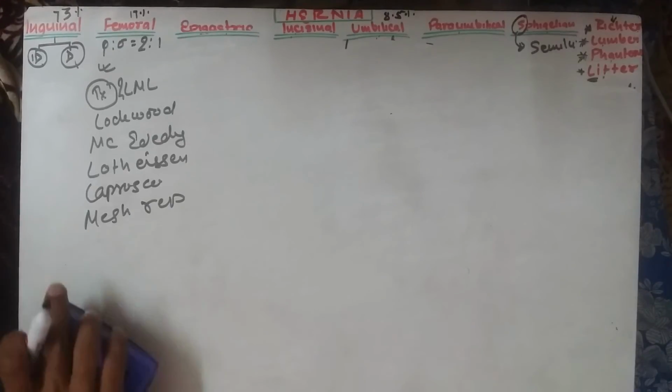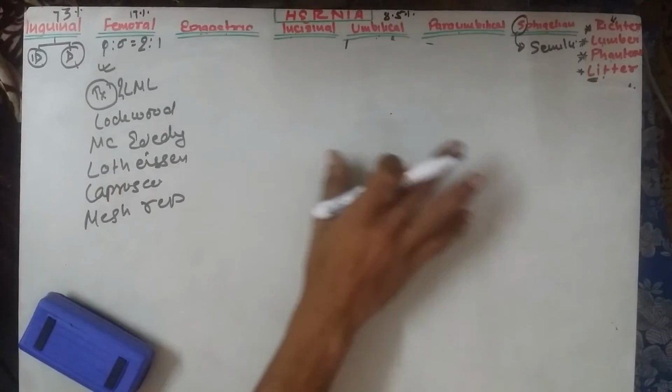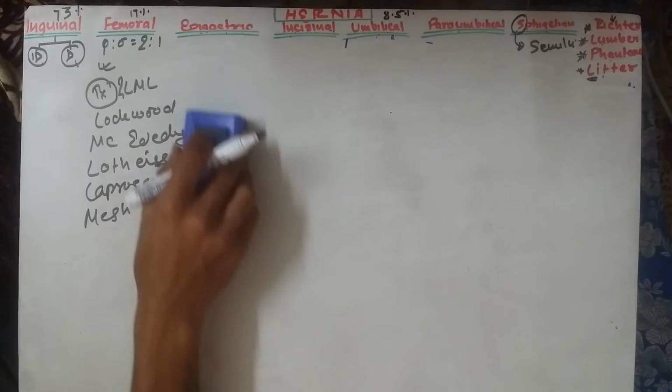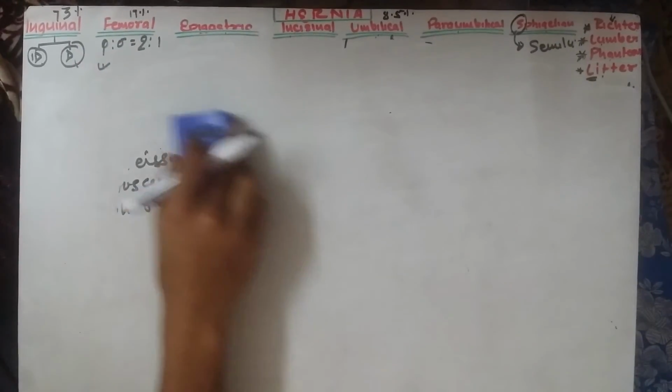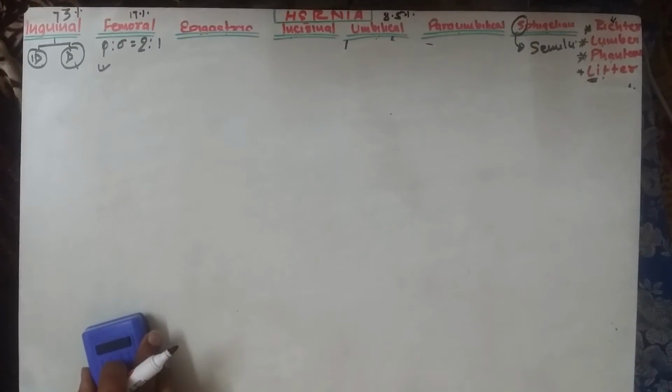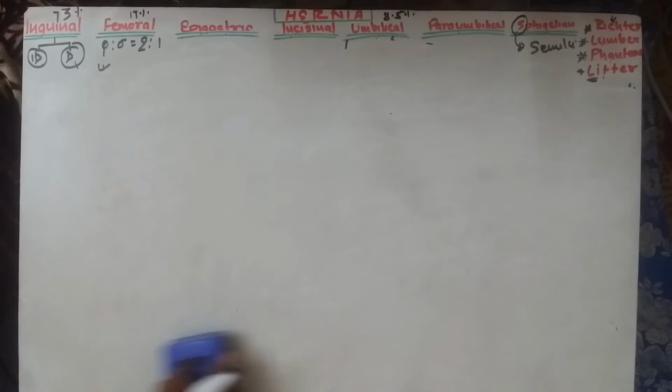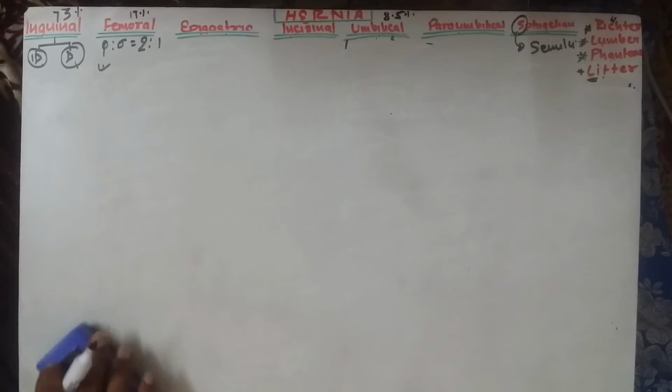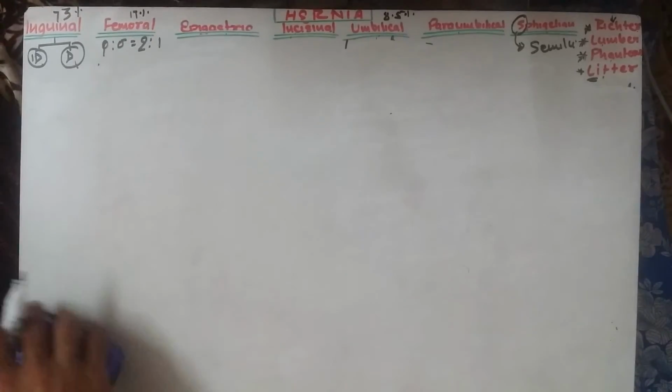Then the minor types of hernia are remaining, starting from the epigastric hernia. Epigastric is due to the defect in the linea alba, means defect in the decussation of the fibers in the linea alba.